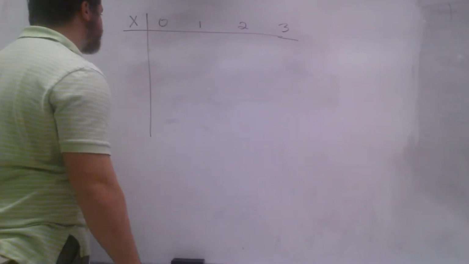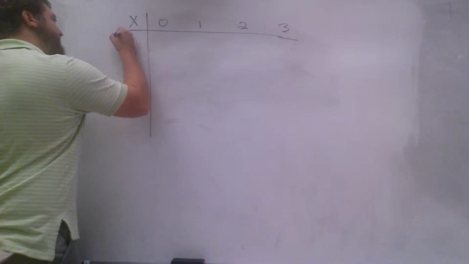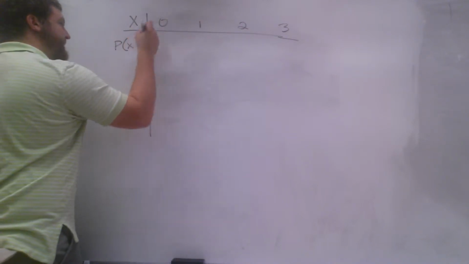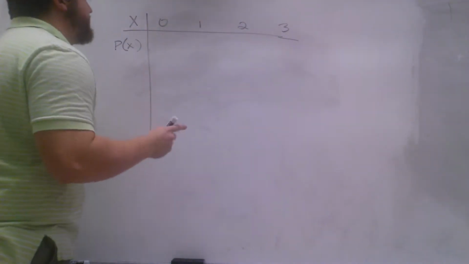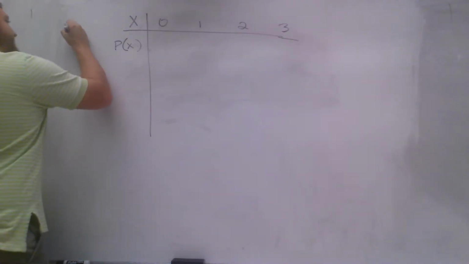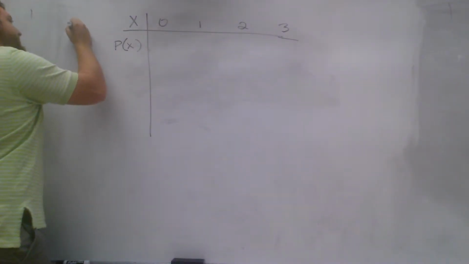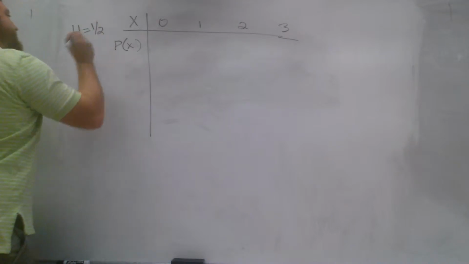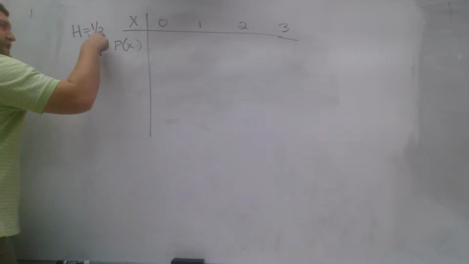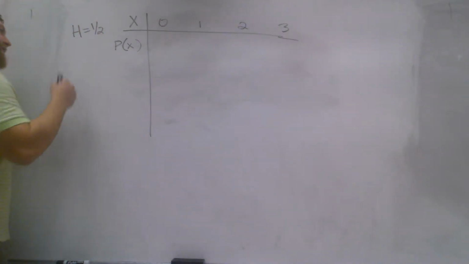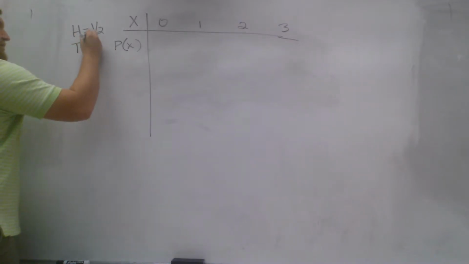Okay, so let's do our PX's. What's the probability I get no heads? To do that, let's think about what the probability of getting a head is when you flip a coin. If you get an H, it's going to be 1/2, because there's 2 sides of the coin and only one of them has a heads on it. Now what's the probability of getting a tails? Well, it's the other half.